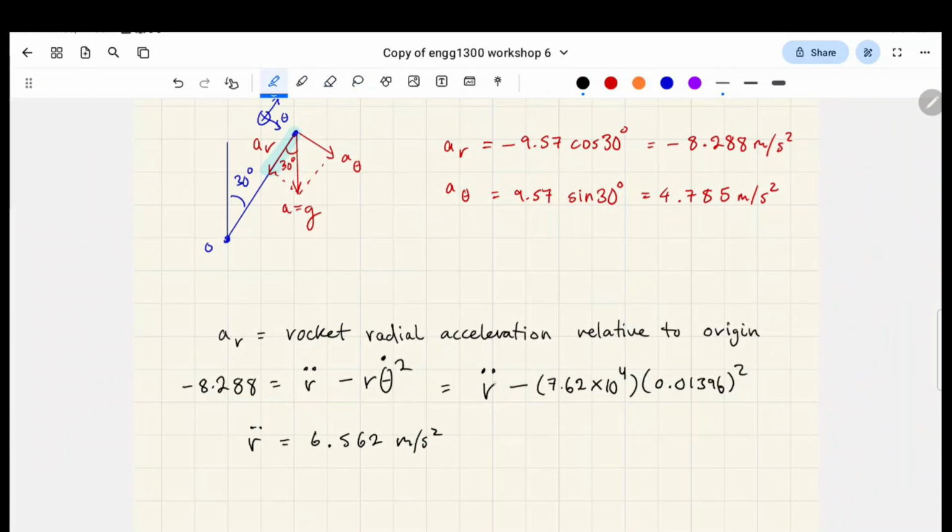If you want to double check, it's the same as feet per second squared, but I prefer this one.